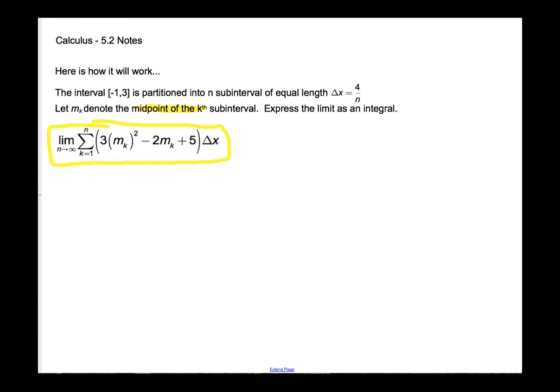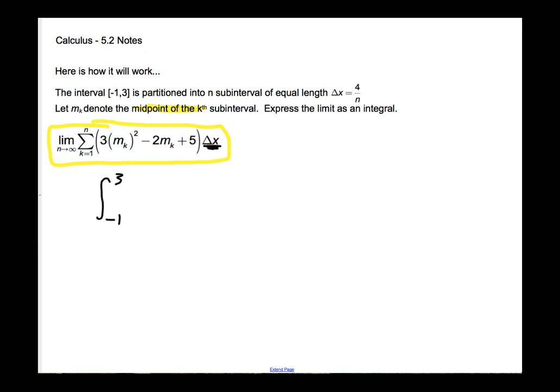Well, we want to go from -1 to 3. So if we're going to go from -1 to 3, then we're going to have something that looks like this. And then the m sub k squared part and the m sub k part. That is your variable right here, this dx.